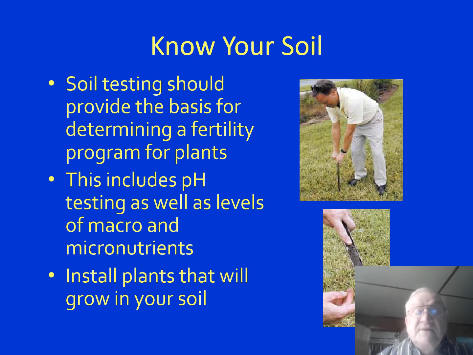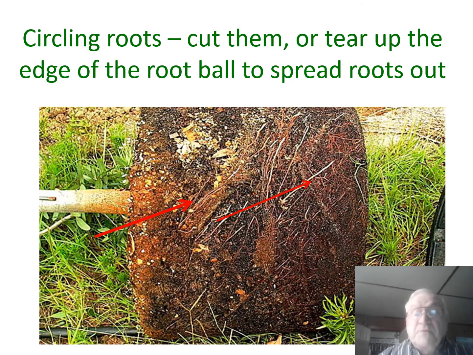Now, the pH testing as well as levels of macro and micronutrients. If it's your first test for that area, test for everything you can test for, and then install plants that will grow in your soil.